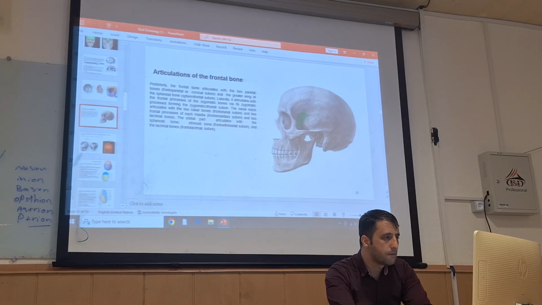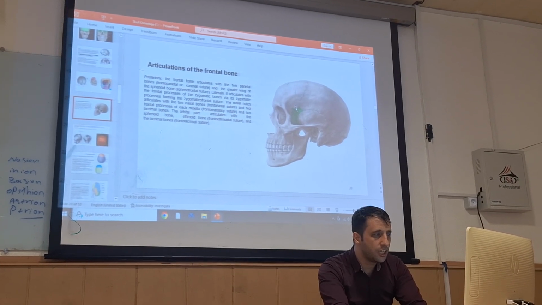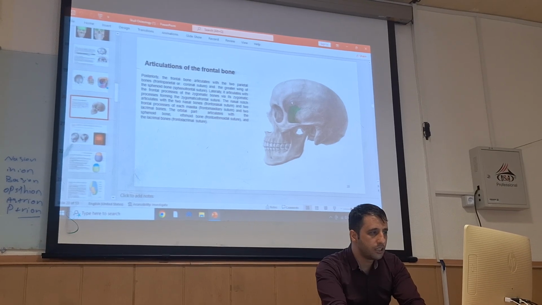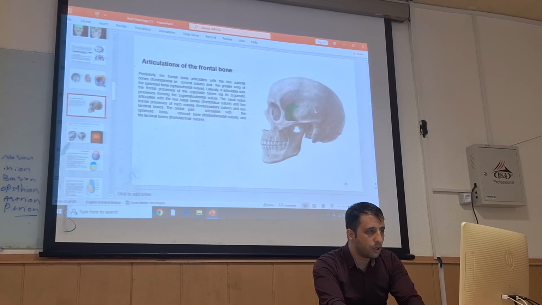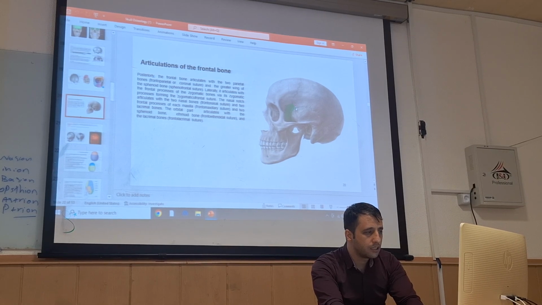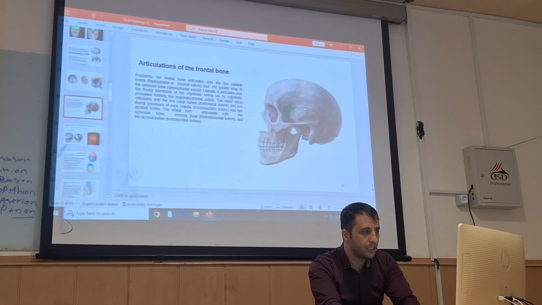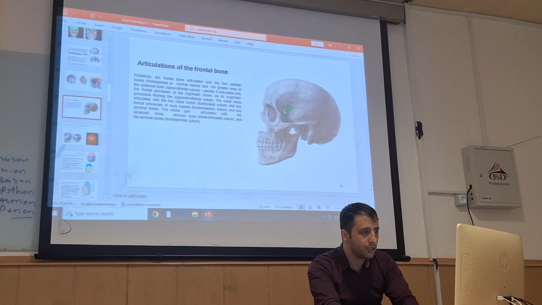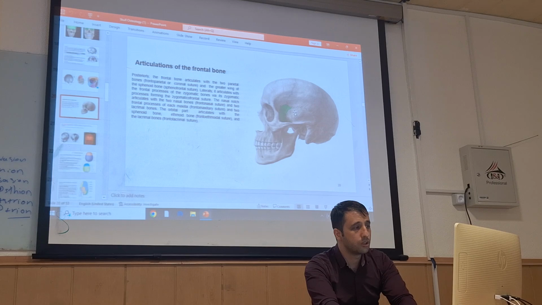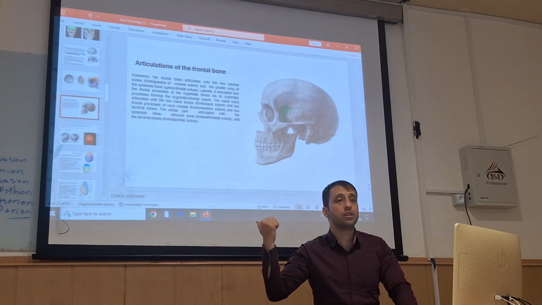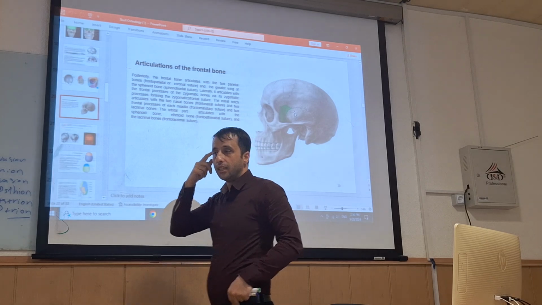Look at here. It is pterion. This H shape is pterion. It is the coronal suture, part of the squamous suture, and this suture is named the sphenotemporal suture. Pterion is an important landmark during accidents.